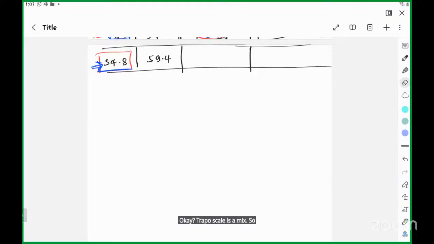So tell me, on the vertical you have over 26 centimeters. 5. Come again? 5 for each.